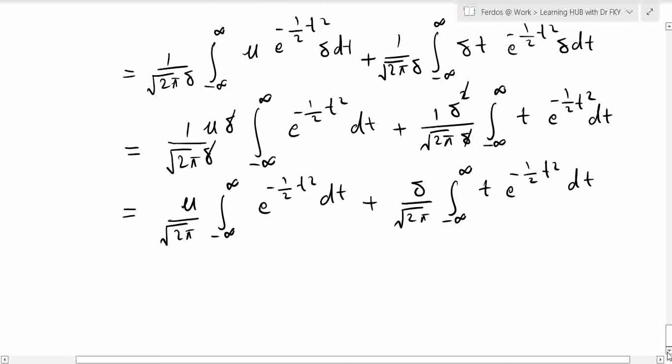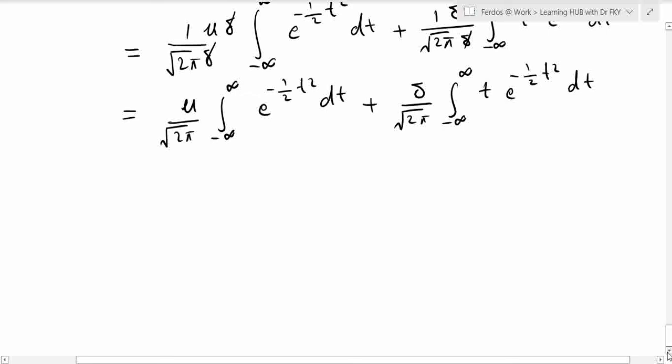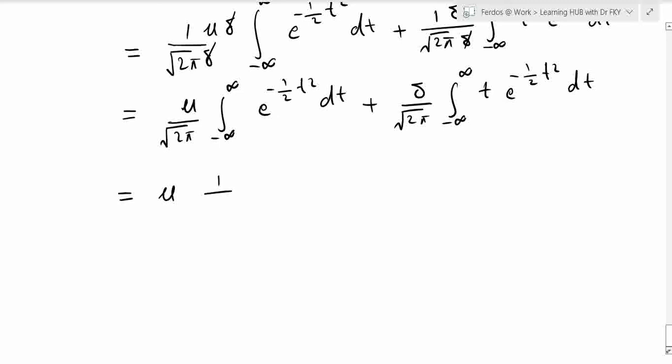Now you can see that you can use some rules of calculus in this step. In this case, if you see this one, mu 1 divided by 2 pi, minus infinity to infinity e power minus 1 divided by 2 t square dt.